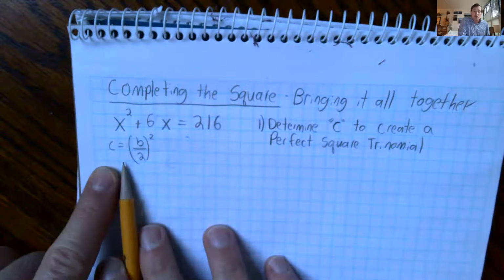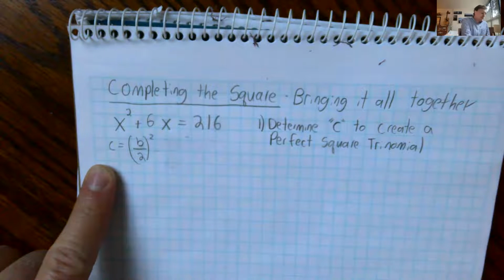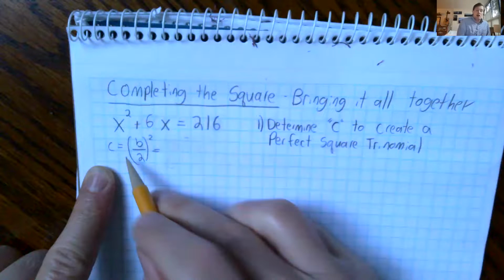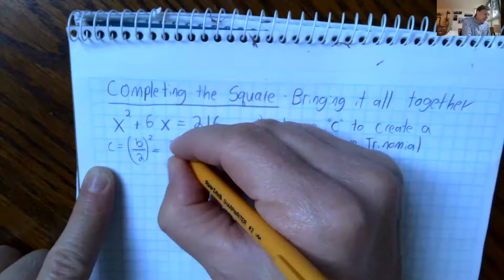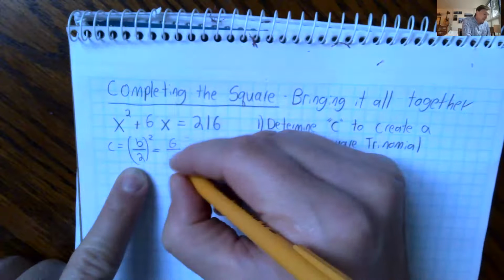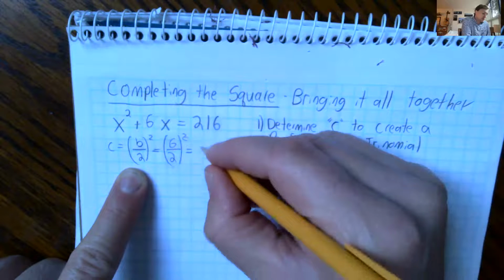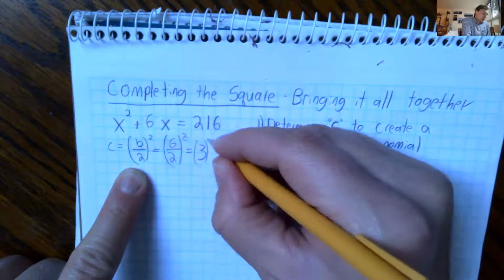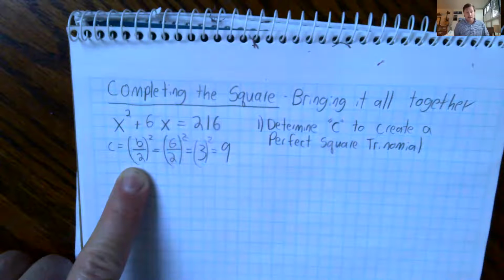The formula that we use is C equals B over 2, squared, to figure out what our C term is going to be. In this case, our B term is 6, so I'm going to plug that in for B. All that squared, 6 divided by 2 is 3, and that's going to be squared. My final answer for C is going to be 9.